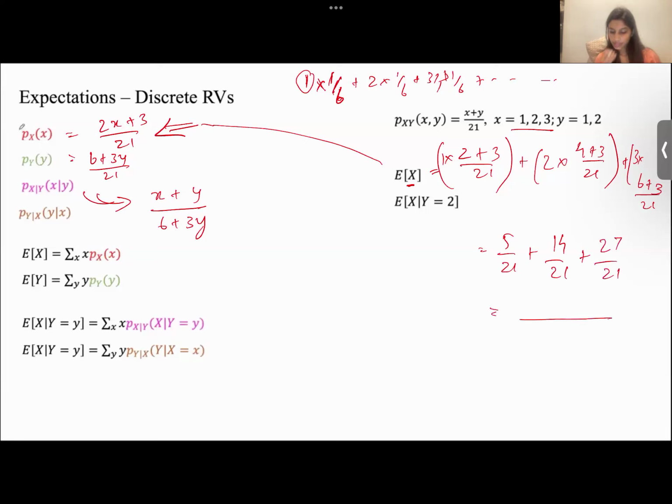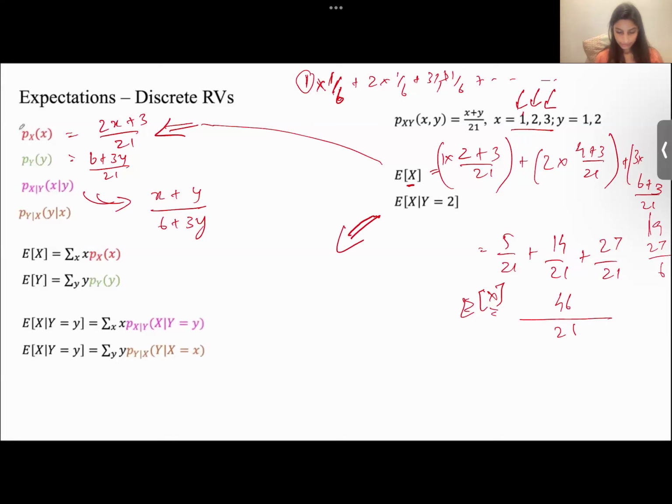So your answer would be 5 plus 14 plus 27, 46 by 21. So this is your E of x. You just directly substitute each value of x multiplied by the marginal probability of x.